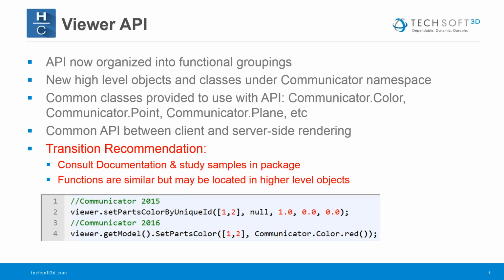With regard to recommendations for transitioning, the best path forward is to read the documentation and particularly study the samples in the package. There's a wide variety of samples that touch the new Viewer API, and I think that's the best way to see what has changed and how to get certain functionality: how can I insert a cutting plane now, how can I deal with measurement.